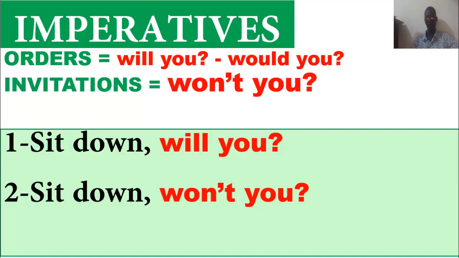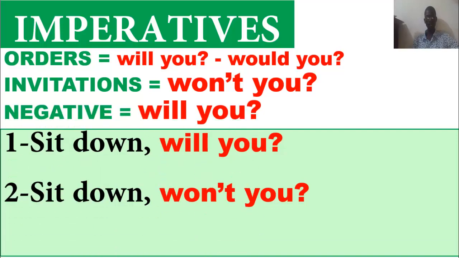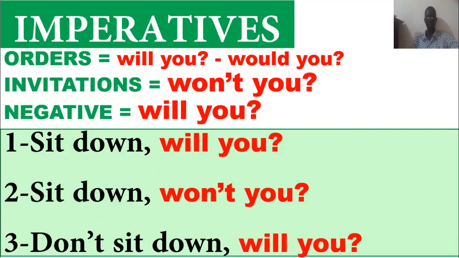Tout dépend du ton, the pitch of your tongue. Okay? So when you say sit down, it's an order. When you say sit down, it is invitation. Okay? Negative, will you? Don't sit down. Will you?